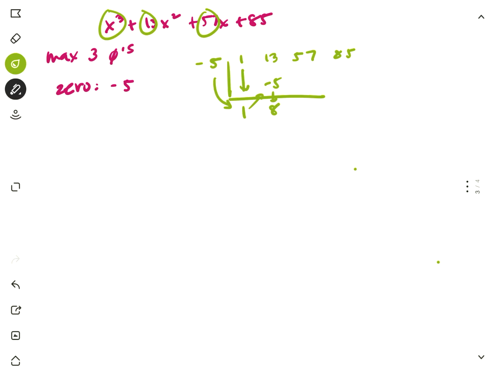We're going to bring our -5 times our 8 up here. And then 57 plus -40 is going to give us 17. And then -5 again times 17 is going to give us -85. And we end up with the remainder of 0, which is exactly what we want.